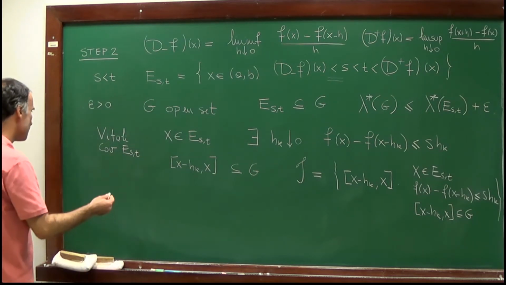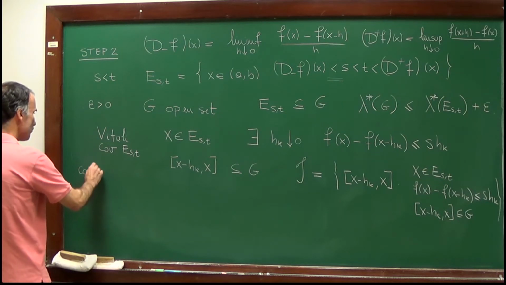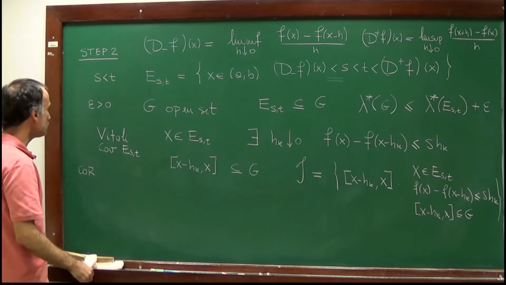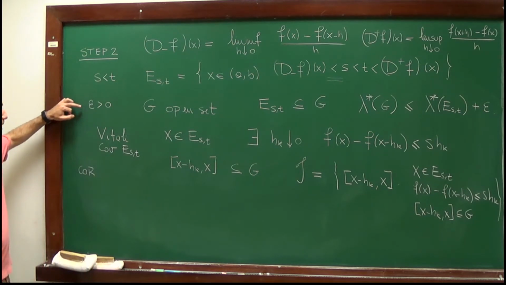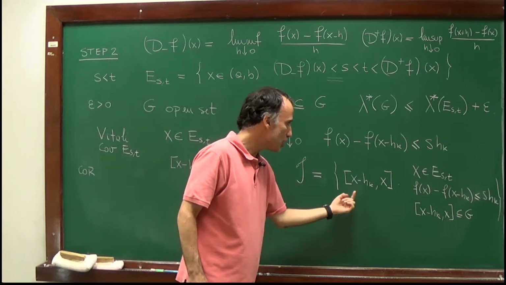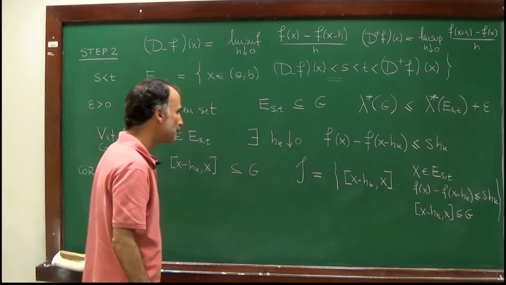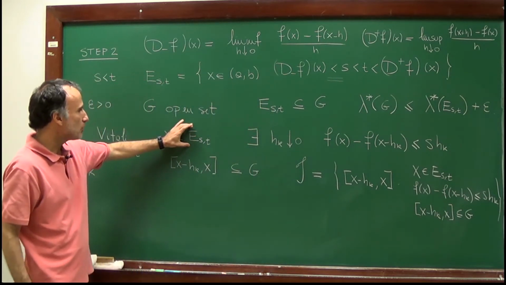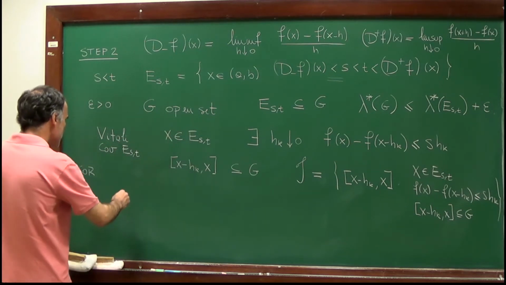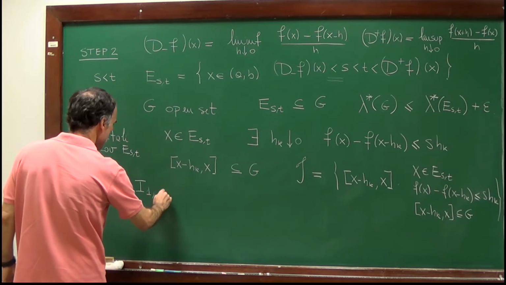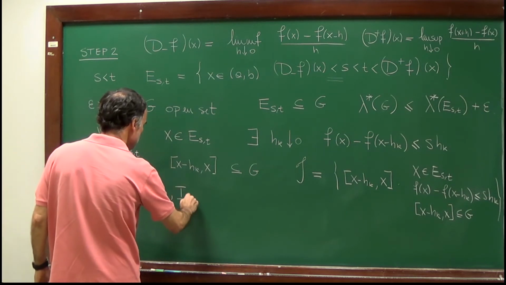Now I will use the corollary of Vitali's lemma, which we proved in the previous lecture, which asserts that given epsilon, I can find a finite family of disjoint intervals in this family, which essentially cover all the set E_s. So there exist intervals I_1 up to I_m.